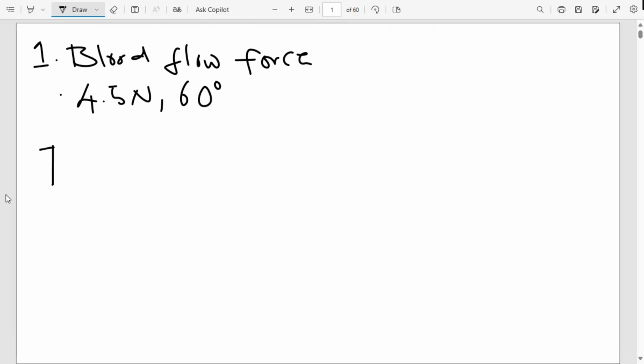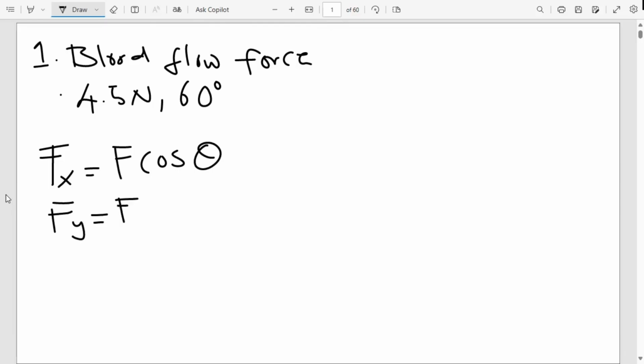To resolve it into the x component, we say it's the same force times cos of its direction from the positive x-axis, which is theta. To resolve it into its y component, we say the magnitude of the force times sine of the direction of the vector with respect to the positive x-axis.